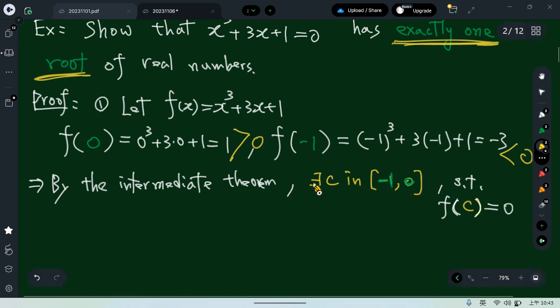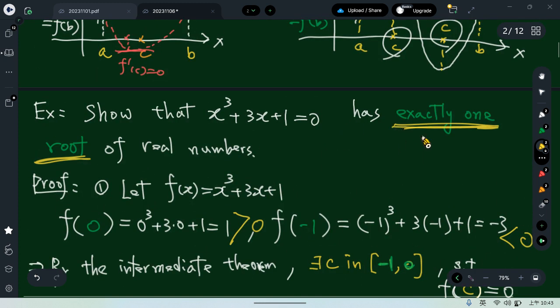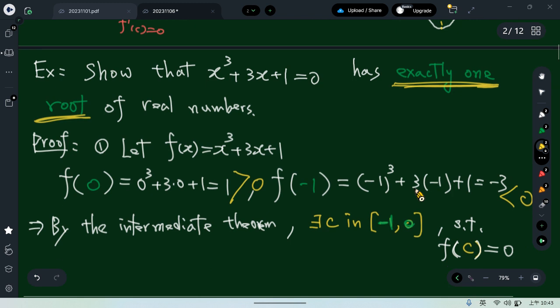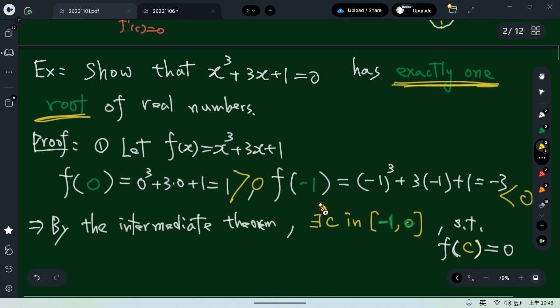But through step 1, I just know there is at least one root. But the problem asks us to prove exactly one, so that means there are no more than one. If you just stop here, you cannot say there is exactly one root. You can just conclude that there are roots between minus 1 and 0.